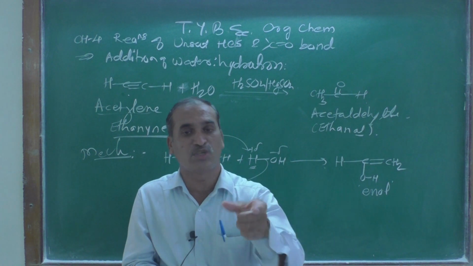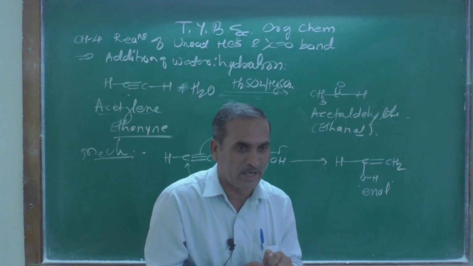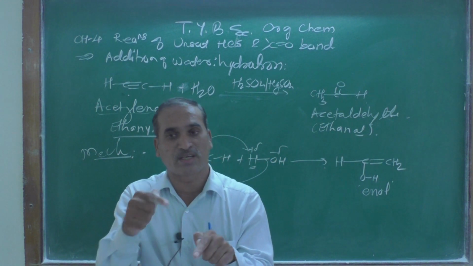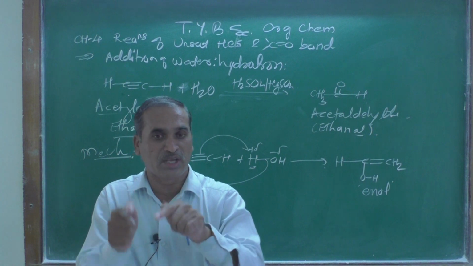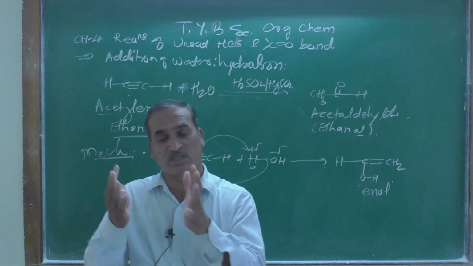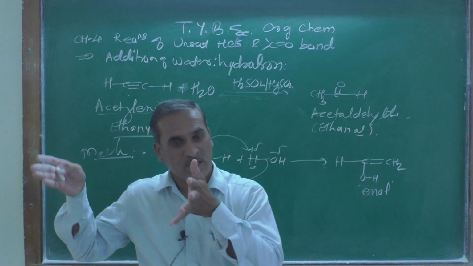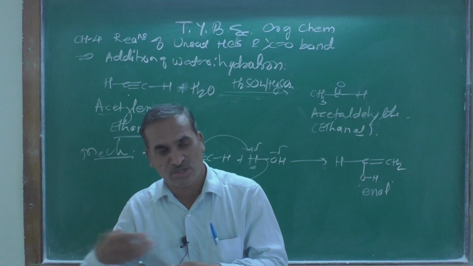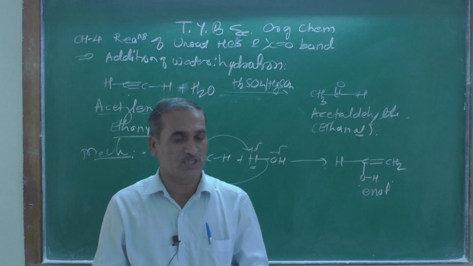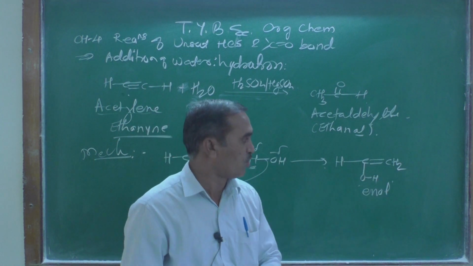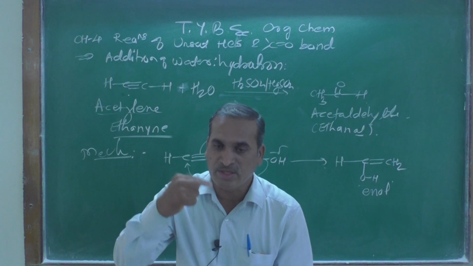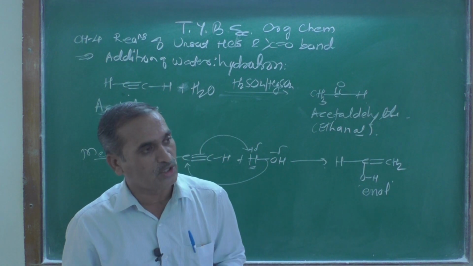Enolate is a species with an oxygen atom carrying a negative charge adjacent to a carbon-carbon double bond, and you will see that in the coming aldol condensation reaction. But enol means a hydroxyl group attached to the carbon-carbon double bond.